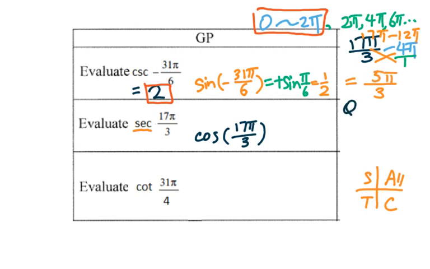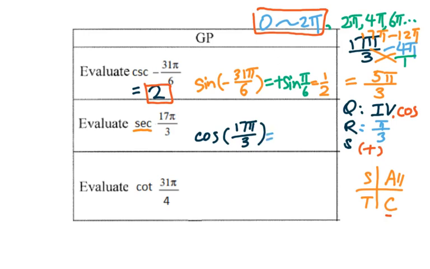Then we go to QRS. That's the fourth quadrant, because that's the 2n minus 1 pi over n pattern. The reference angle is pi over 3. For cosine, fourth quadrant, that's positive.